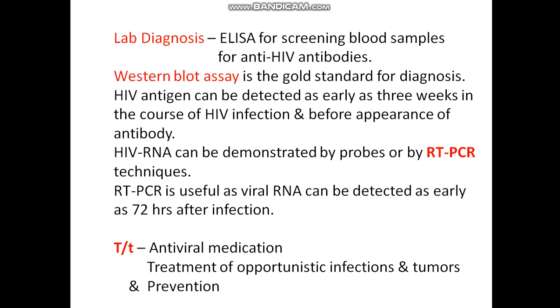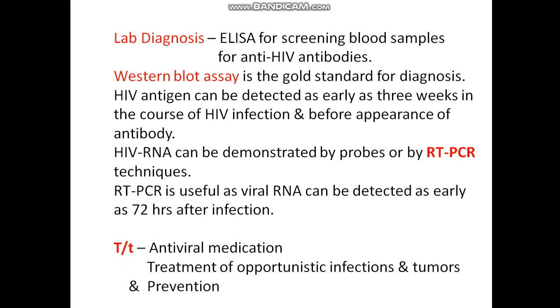Lab diagnosis is by ELISA, screening blood samples for anti-HIV antibodies, and Western blot assay is the gold standard for diagnosis. HIV antigen can be detected as early as 3 weeks in the course of HIV infection, before appearance of antibody.